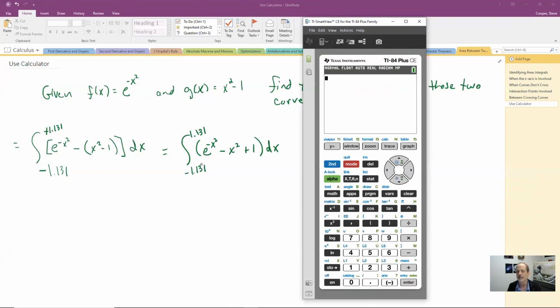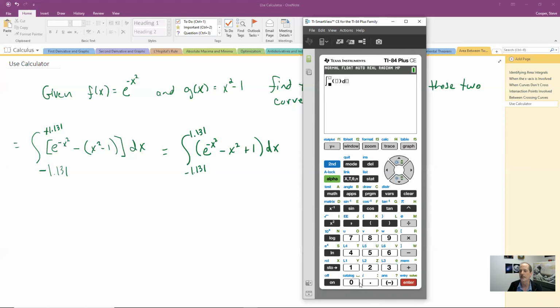Okay, we could calculate this by integrating it and running it from negative 1.131 to positive 1.131. Your calculator also has, if I go to math and the 9th option, fnInt, it'll allow me to put lower bounds and upper bounds in my function and whatever I'm integrating with respect to.